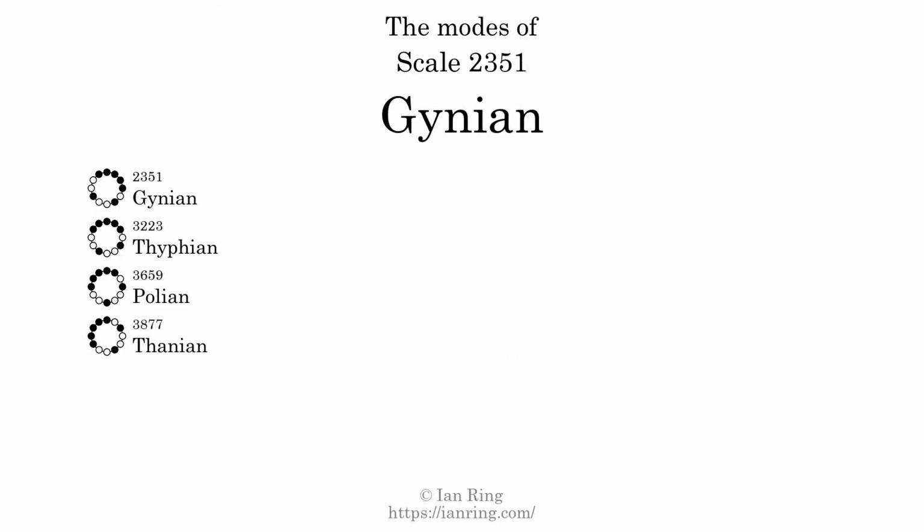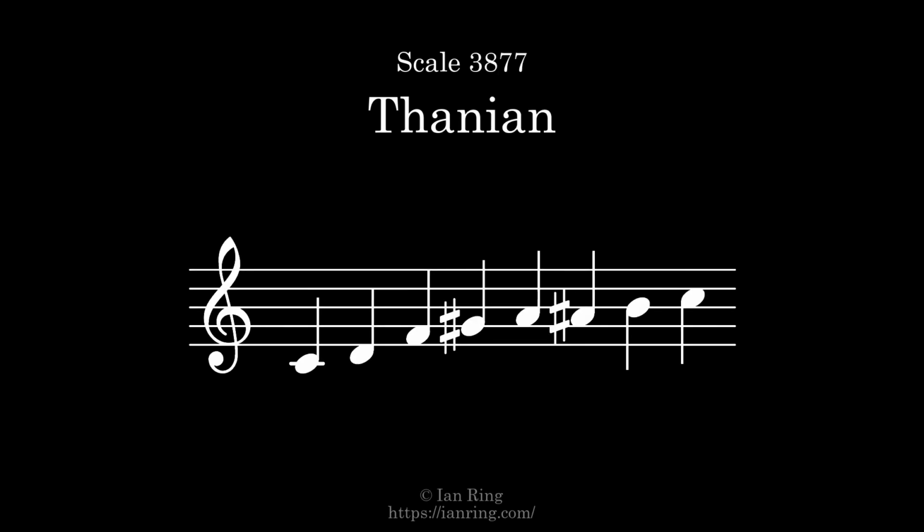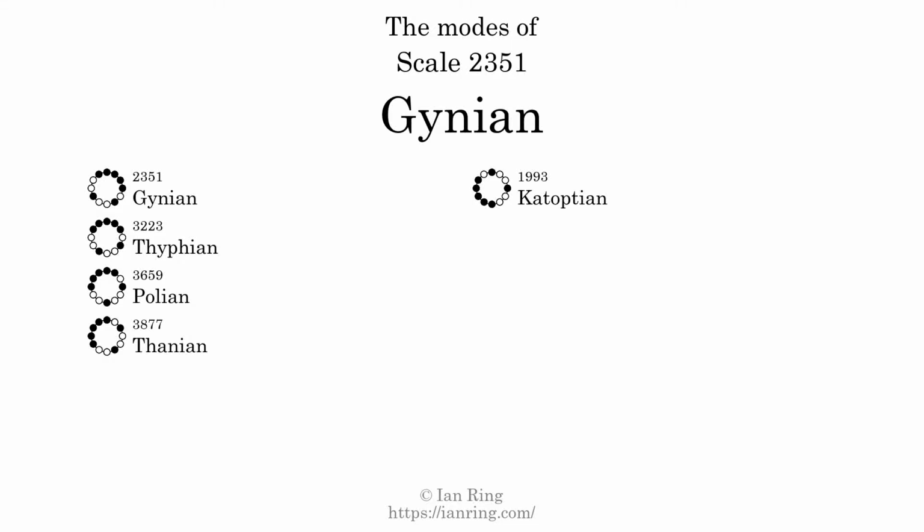The fourth mode is scale 3877, also known as Thanian. It sounds like this. The fifth mode is scale 1993, also known as Katoptian. It sounds like this.